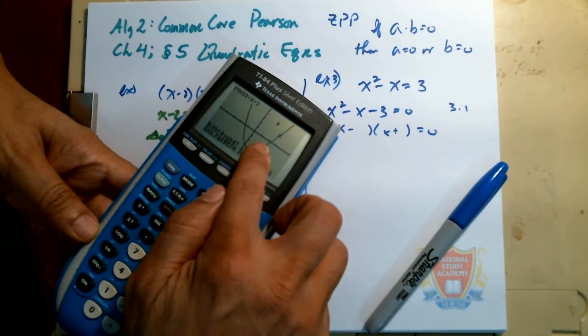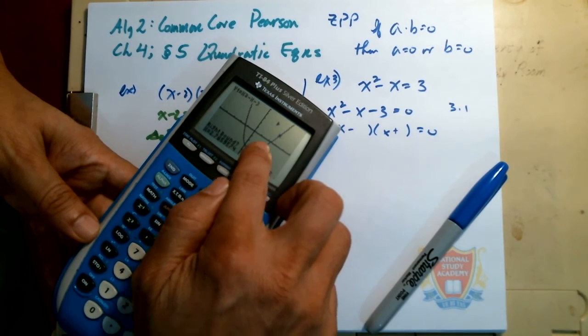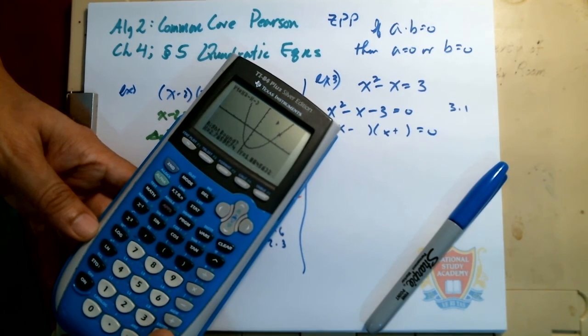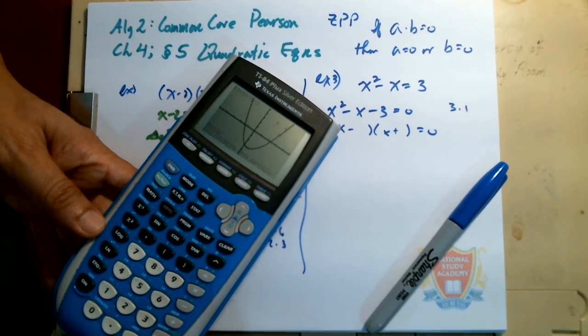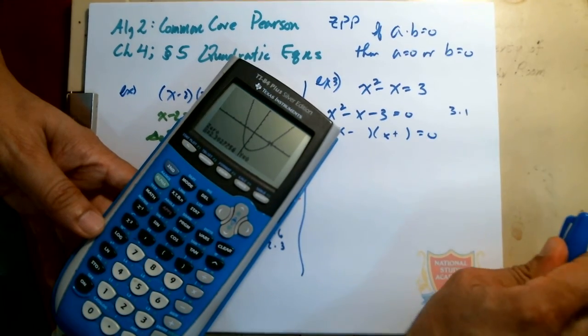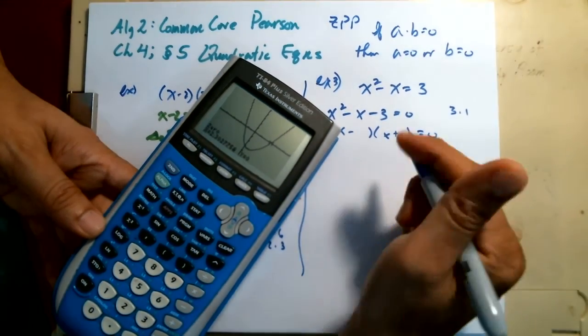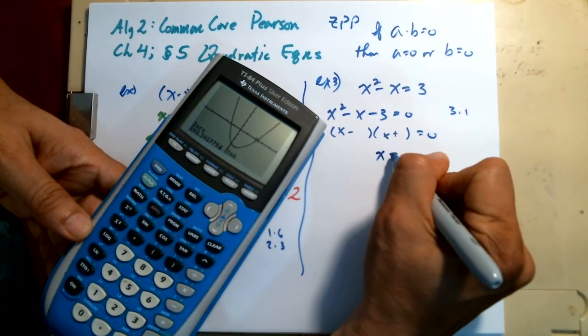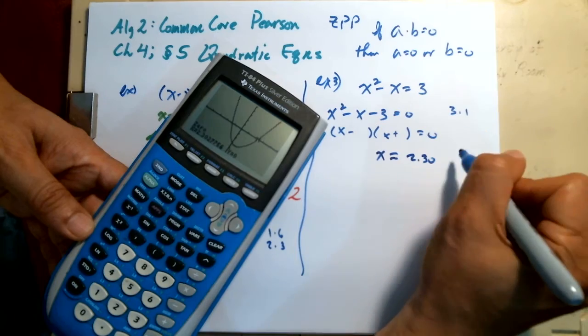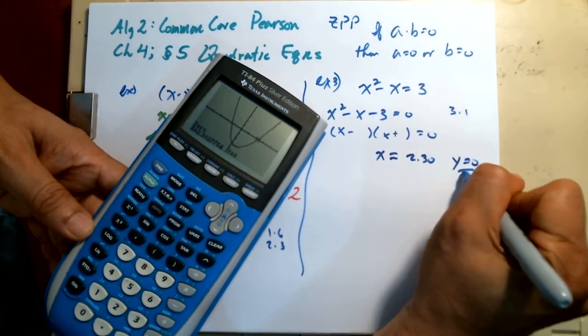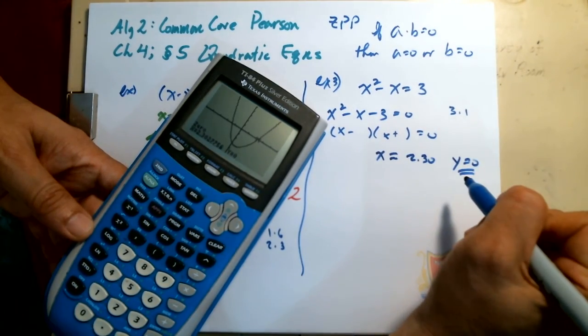One's going to be negative in my y direction, one's going to be positive. Between those two bounds, I press enter, and it says the x value is approximately 2.30 when y is equal to 0. That's why we call them the zeros.